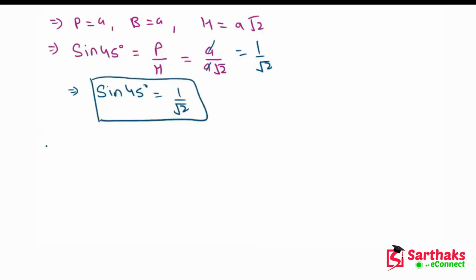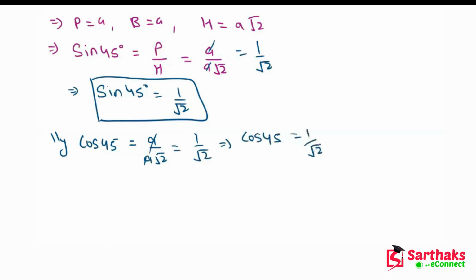Similarly, we can find the value of cos 45, which is base upon hypotenuse, meaning A upon A root 2, which is the same as sine 45, 1 upon root 2. So the value of cos 45 is 1 upon root 2.